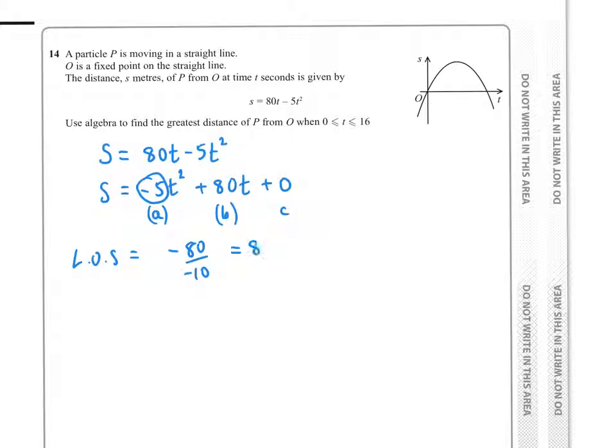So you get your line of symmetry at 8, and therefore when t is 8, you can then work out the greatest displacement here, distance s.